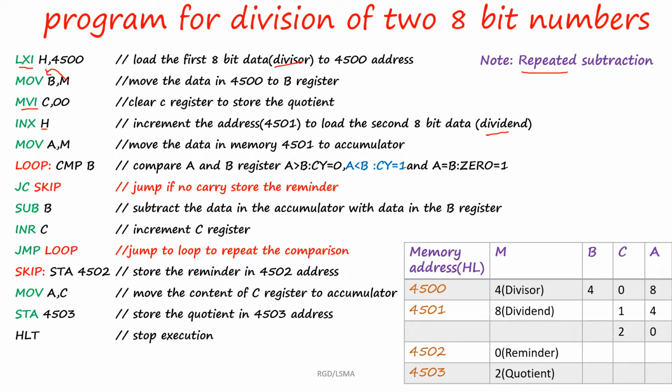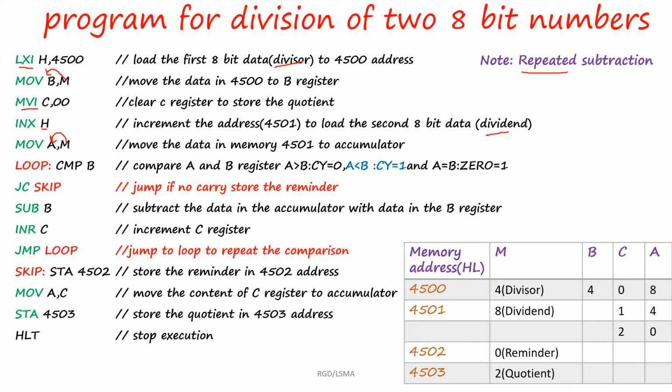After loading these two data, we move the second 8-bit data to the accumulator, the same way we did for the first case. You move this second data, the dividend, to the accumulator. Then I'm going to use a compare operation.